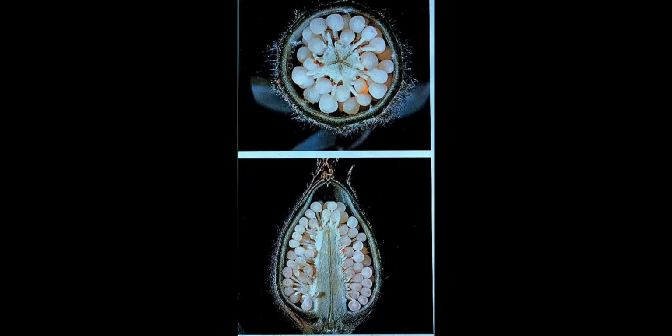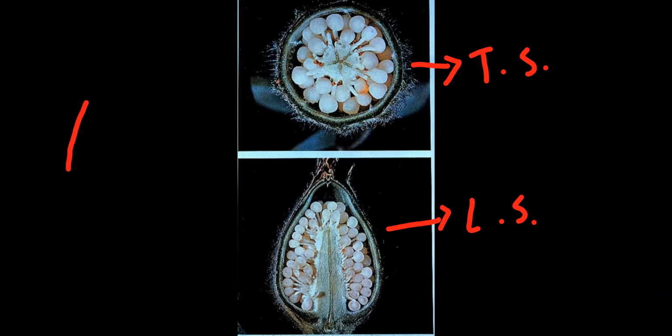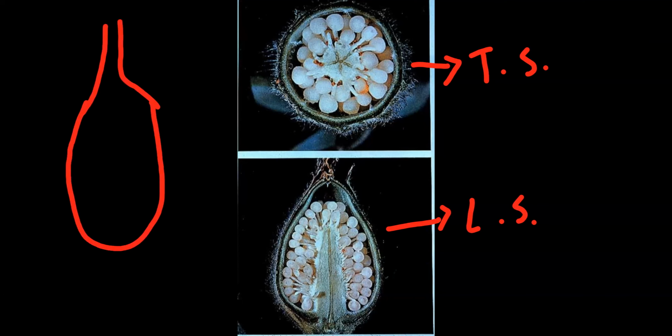In this placentation, this is the TS and this one is LS, right? Now, first understand the LS. This is the ovary, then style and all that.